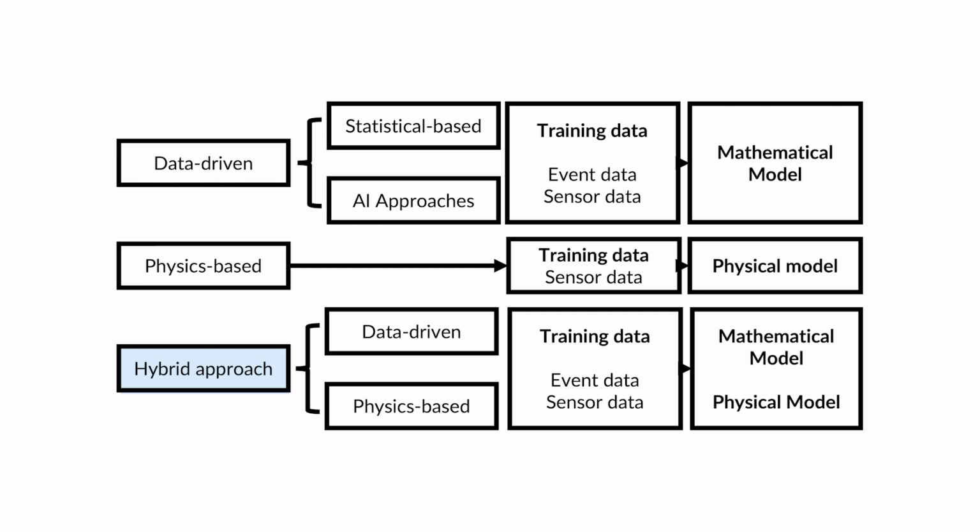And it also uses failure event data and condition monitoring data, sensor data. And the goal is to create a mathematical model that includes physics knowledge. And that is essentially the three models that we have in prognostics.